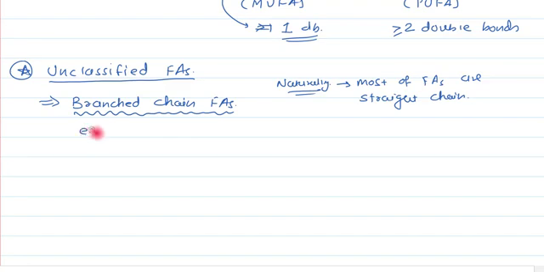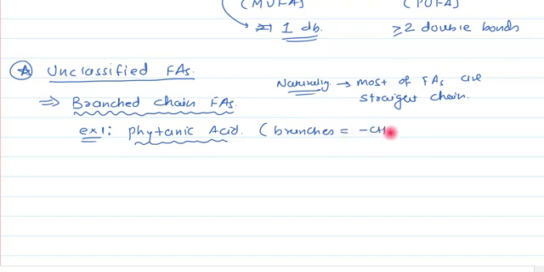The first example is phytanic acid. Instead of the naturally occurring straight chain, phytanic acid contains branches, and these branches are mostly of the methyl group. Why is phytanic acid important?